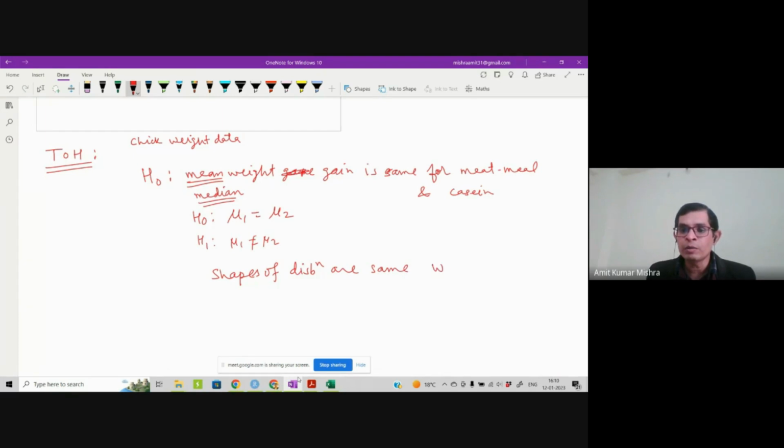Then you can use the Kolmogorov-Smirnov test. Now we will understand this with the help of Bootstrap, and we will test mean as well as median with the help of Bootstrap.